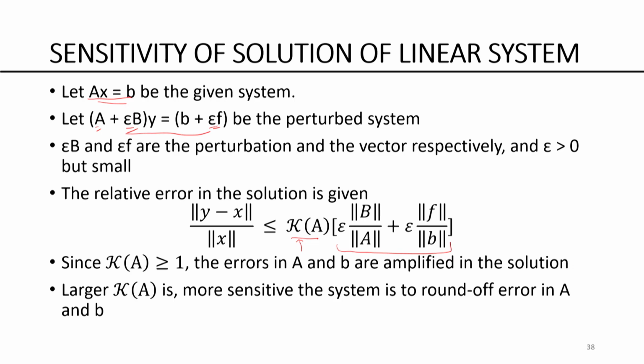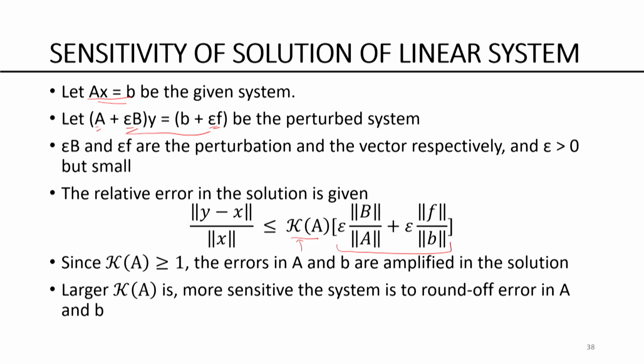So the larger kappa of A, the more sensitive the solution. Sensitive means what? Even small errors can be amplified. Small errors in the input can be amplified at the output if kappa A is large. Why? It occurs as a multiplying factor. Everybody is in my place.